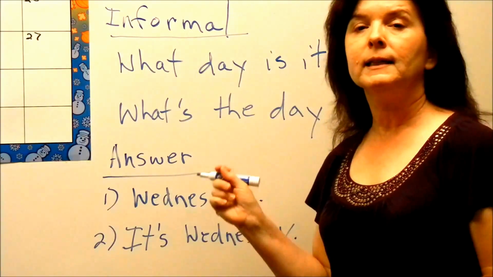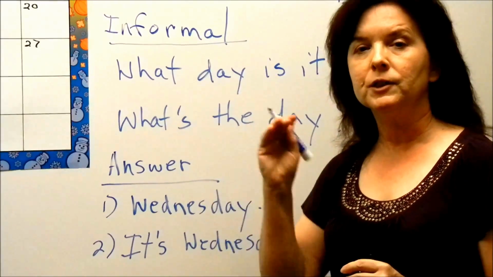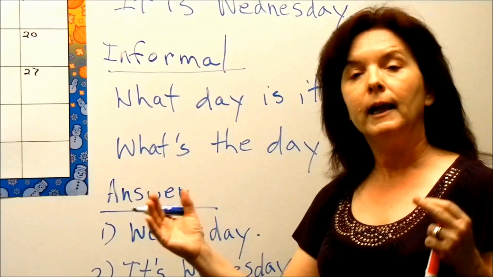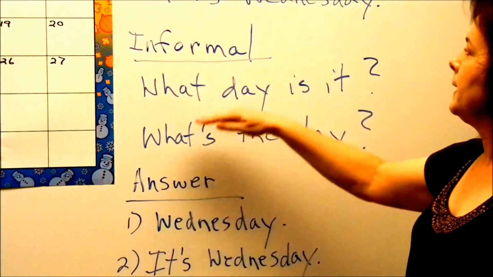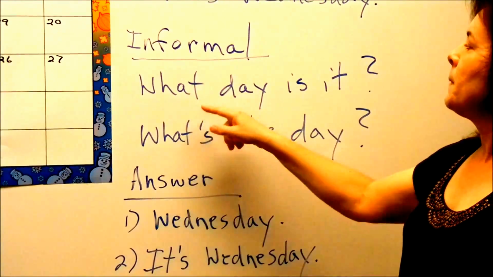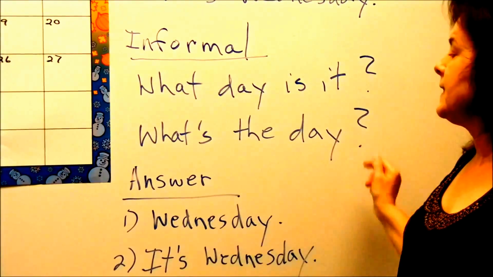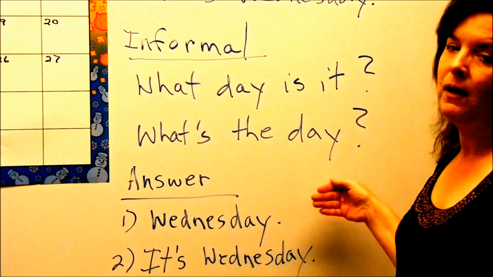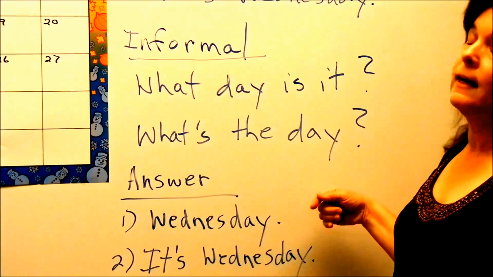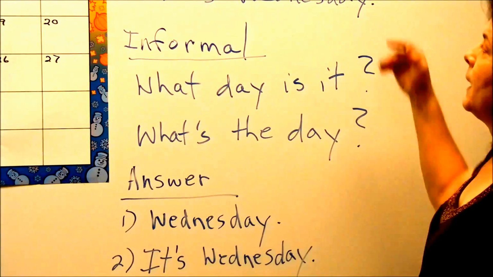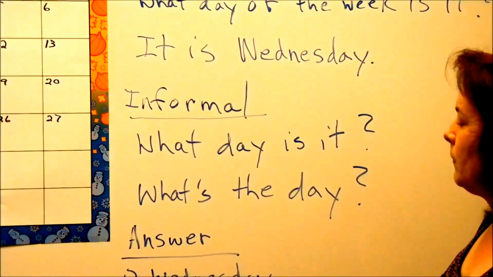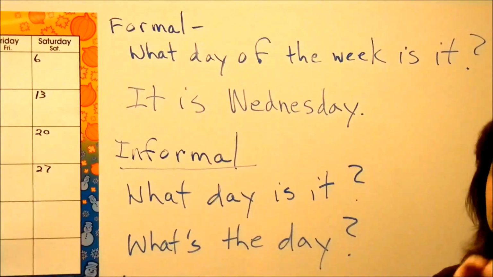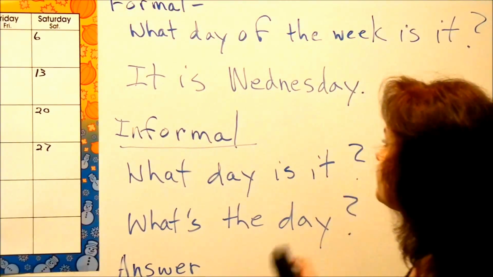If you're looking at this video in a class, you might want to just turn the video off right now and practice with your partner asking these kinds of questions, informally and formally. Informal, what day is it? What's the day? Your answers can be, it's Wednesday, one-word answers. And you can practice asking formally as well.